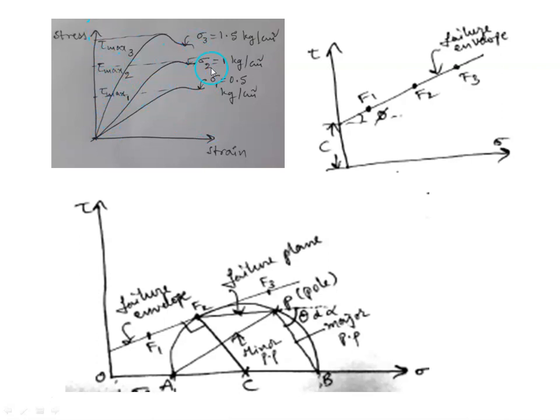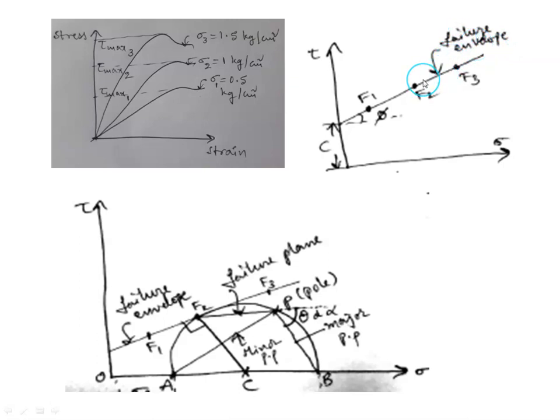By plotting these values on a graph, taking the normal stress on x-axis and shear stress on y-axis, we'll get points like this. If we join these points with a straight line, we'll get the failure envelope. So what is this failure envelope? It represents the failure points.